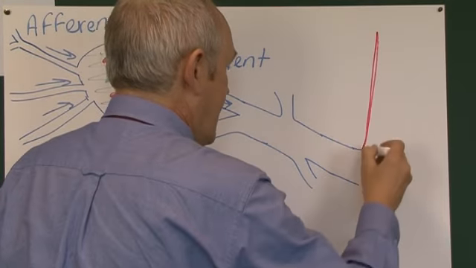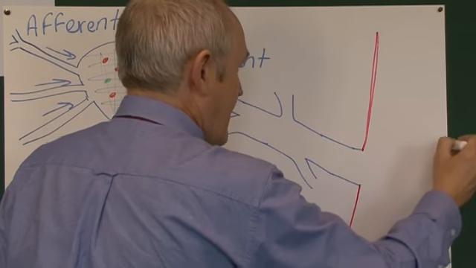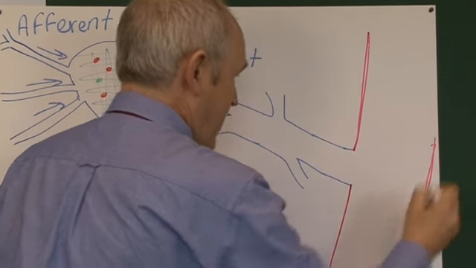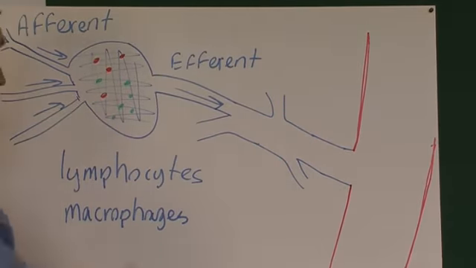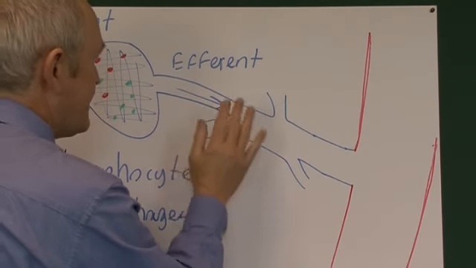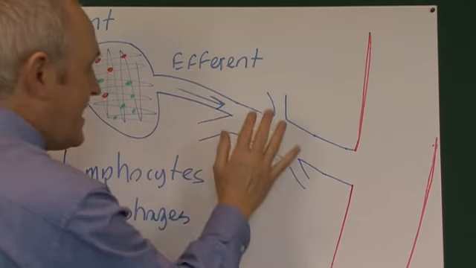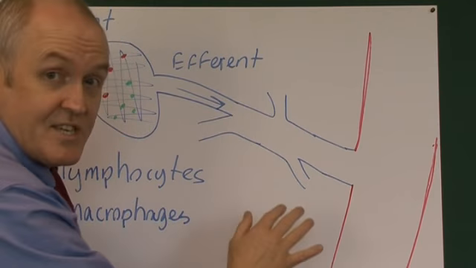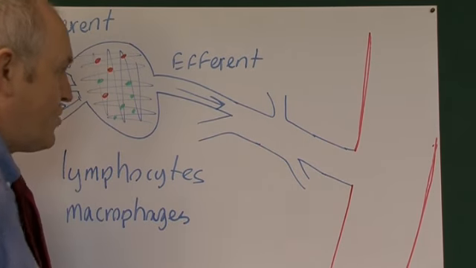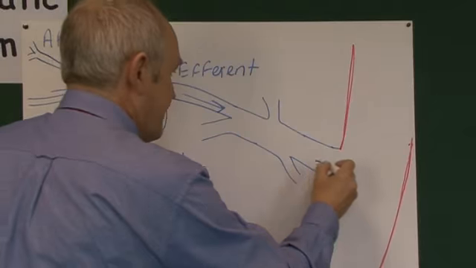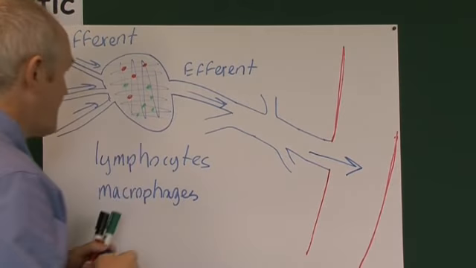So here we have a large vein here, and the lymphatic fluid will drain into efferent lymphatics, larger lymphatic trunks, eventually into lymphatic ducts, and that will drain back into the venous circulation.